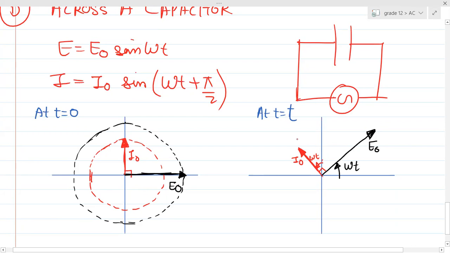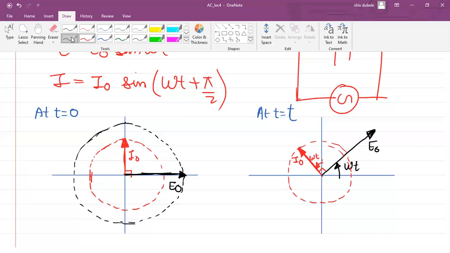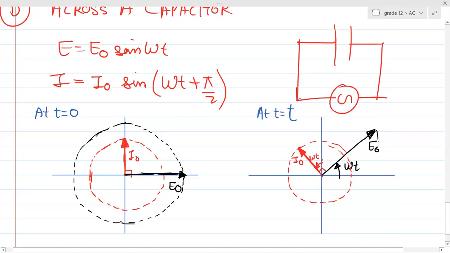Shall I draw another circle for I naught? The circle should be of the same size, please remember. In both diagrams, these circles should be the same, so try to make your diagram accordingly.